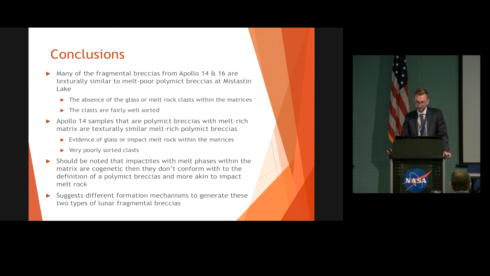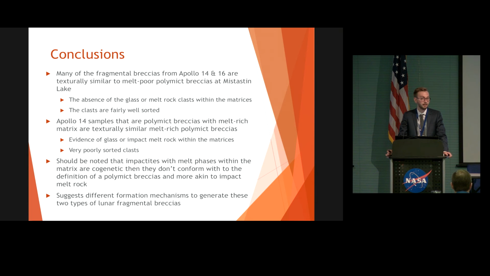In addition to this, and the complexity data, which we are still working on, the clastic matrices within the fragmental breccias are very analogous to the melt-poor Polymict Breccias, and we can say that with confidence due to quantitative analysis. Similarly, melt-rich Polymict Breccias are very poorly sorted and very similar to the Apollo collection with a melt-rich matrix.